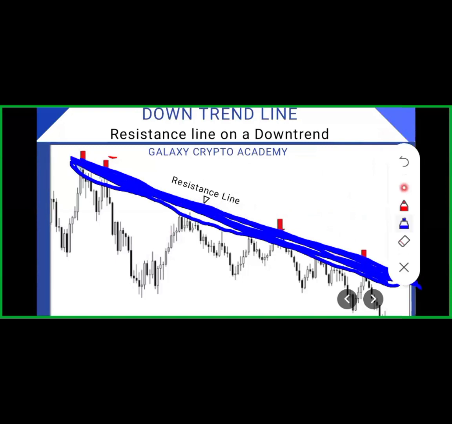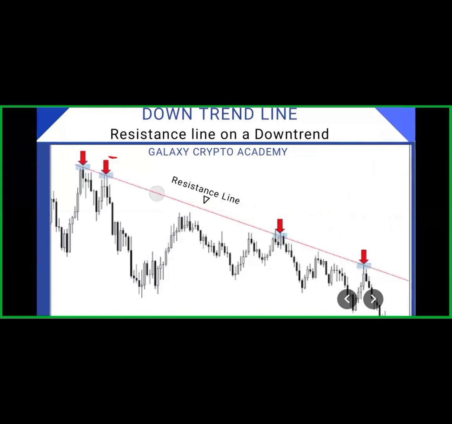See that? The whole area is covered. But if you're talking about a line, then you're connecting your lower highs to another lower high to make sure the line is clear, and then you extend it to the future.